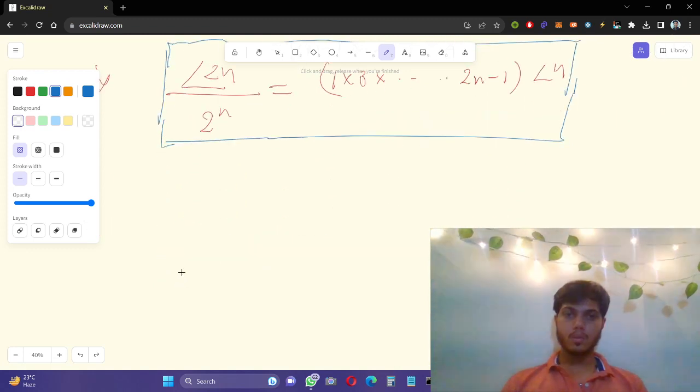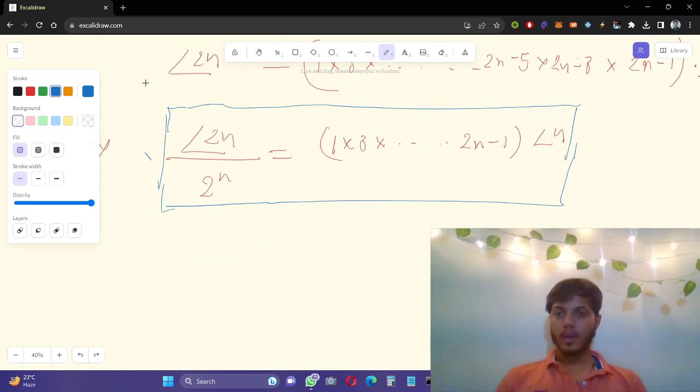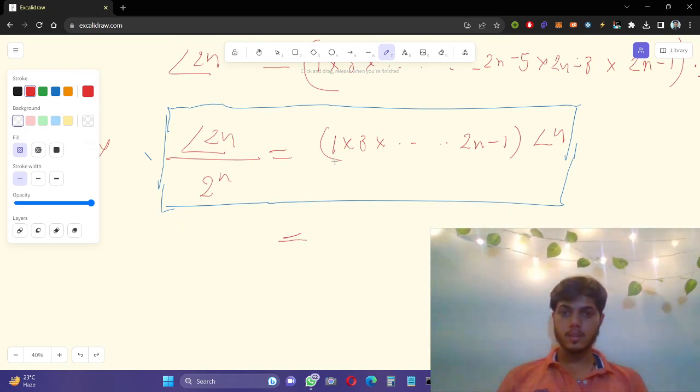Okay, so it can be written something like this. What is this? This is i. The second term is written as 2i minus 1, like this only, because if I put i equals to 2, then this is equal to 4 minus 1.